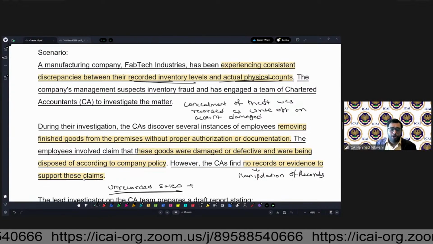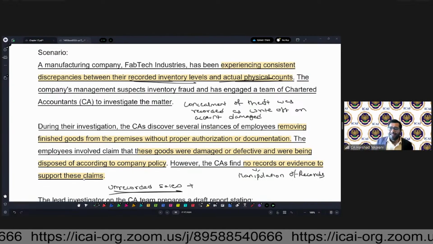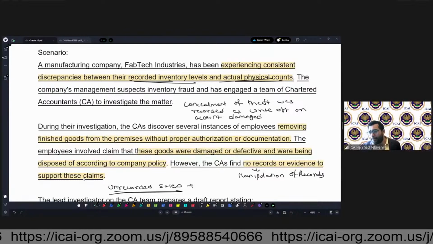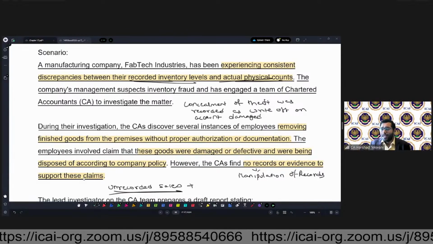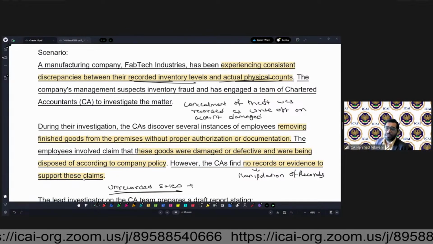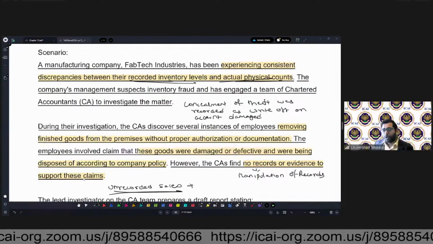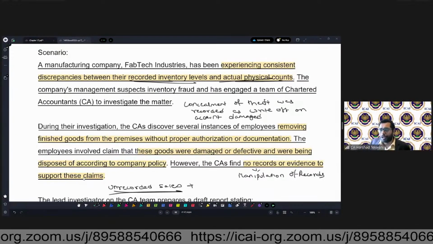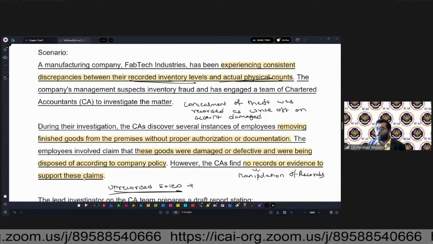At times it happens that the employees are selling the company product, but they are not recording the sales. They are directly taking the cash from the customer and showing that goods were damaged and that's why we took it out. Okay, unrecorded sales or dispatches.